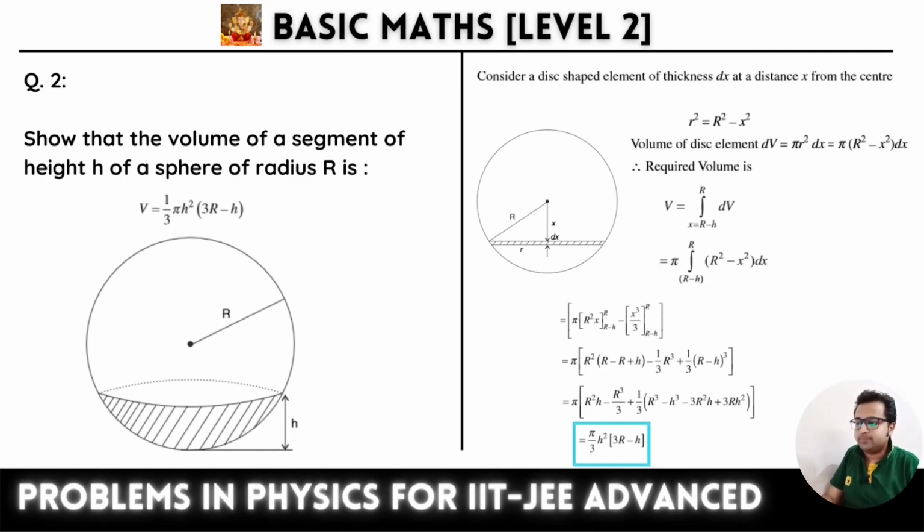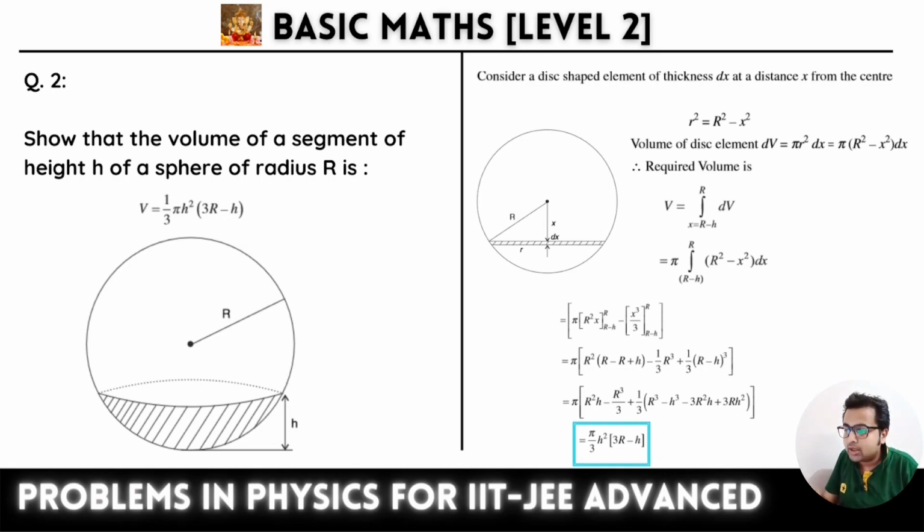Nice. So now we have the dV. Definitely we integrate dV, because integration is summation. We have calculated the volume of the small segment. Now if we do the integration, we get the volume of the entire segment of the sphere. We have to calculate the volume of the segment, not the entire sphere, so we do the integration within those boundaries only.